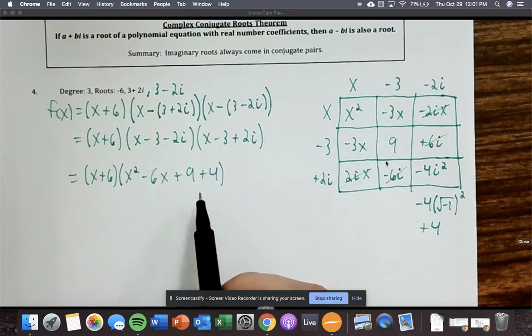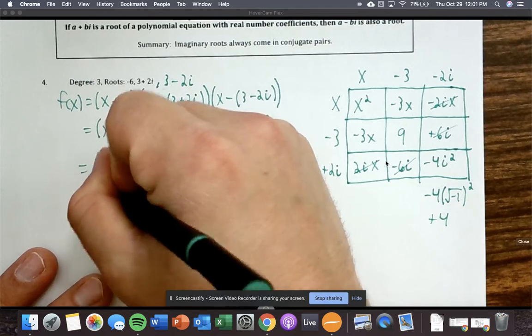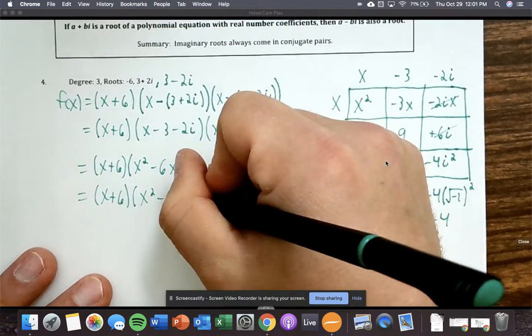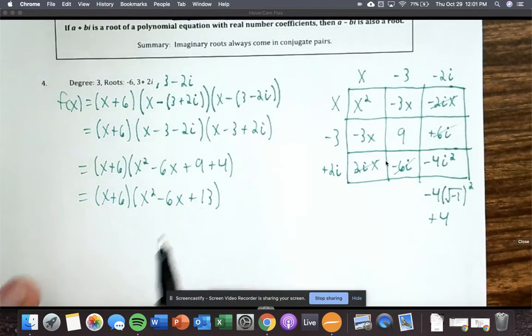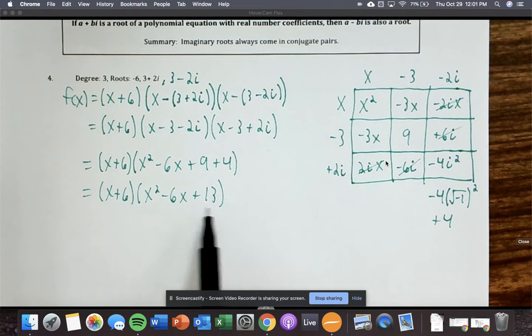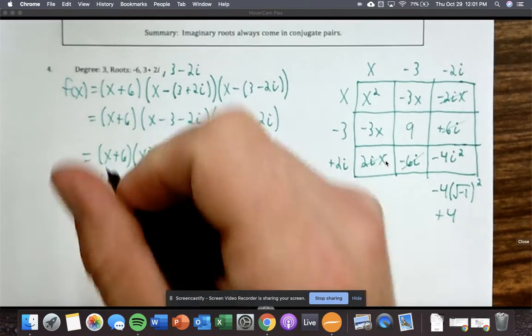So let's clean this up a little bit. We can just combine these last two terms. We get x plus 6 times x squared minus 6x plus 13. And then all we have to do is FOIL this out. We have to multiply everything in here by everything over here. And we can use the box method again, or we can just distribute.